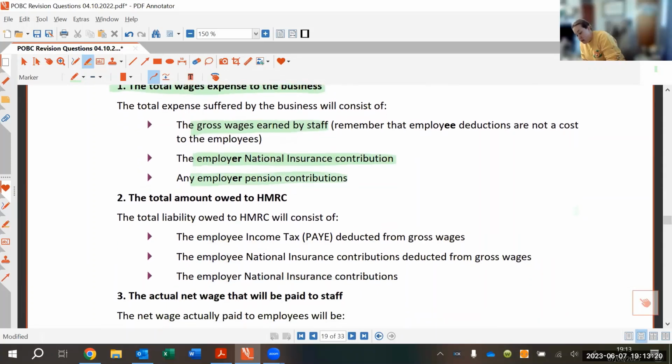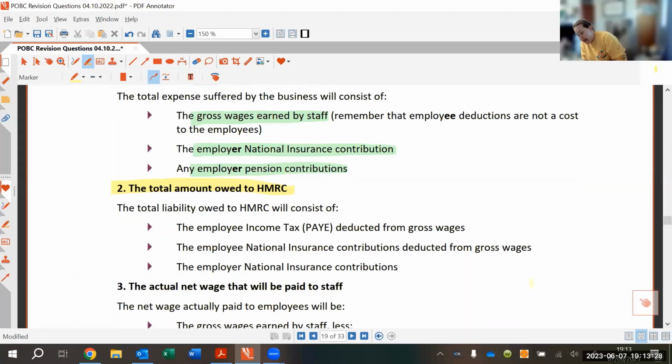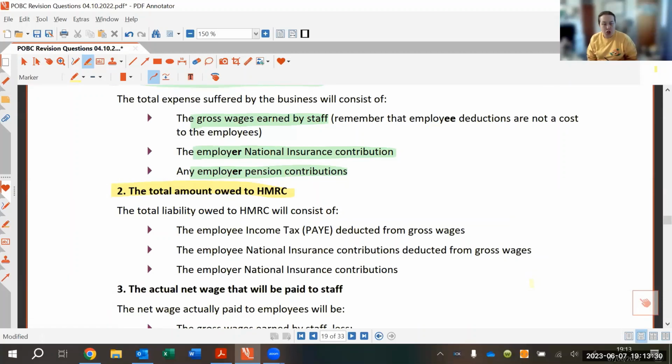We're going to have to send some money over to HMRC as well, because they want their share. So that might be the second journal you're going to be asked to do. And this is any tax, any national insurance. So you're looking for things like your income tax, and then both portions of national insurance, so the employee portion and then that employer portion.